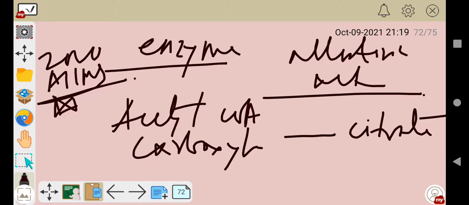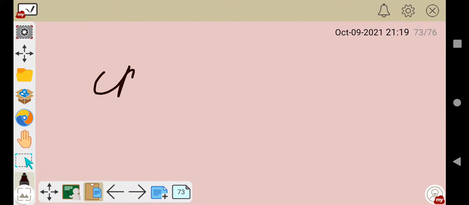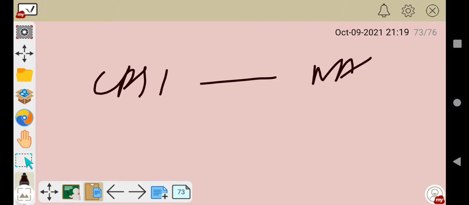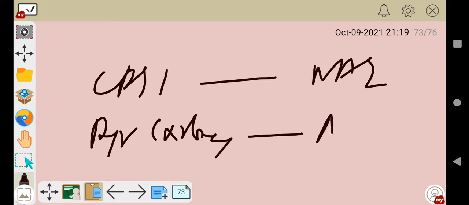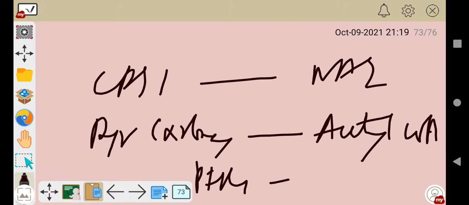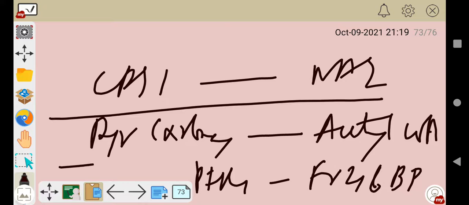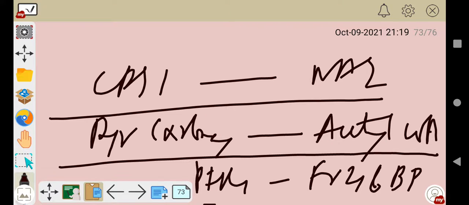Okay. For CPS1, NAG, I just mentioned a few slides ago. For pyruvate carboxylase, acetyl CoA, correct. For PFK1, it is fructose 2,6-bisphosphate, correct.